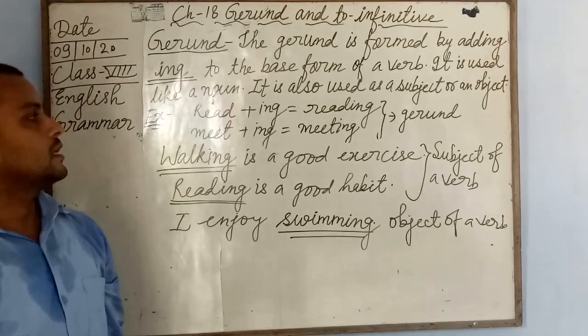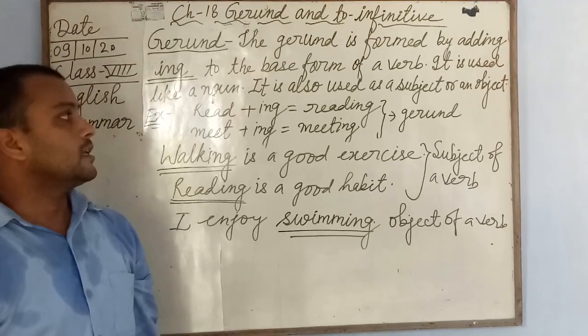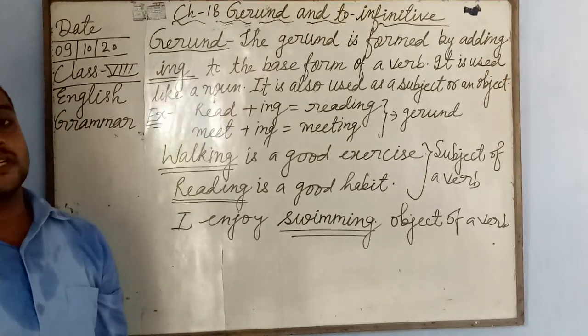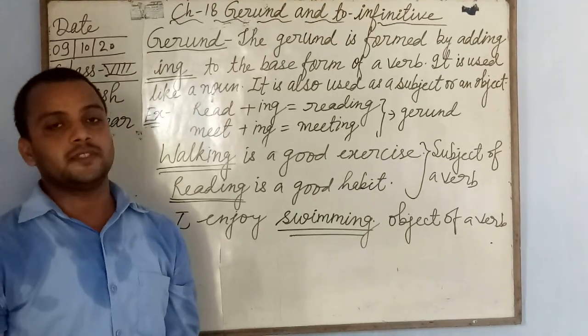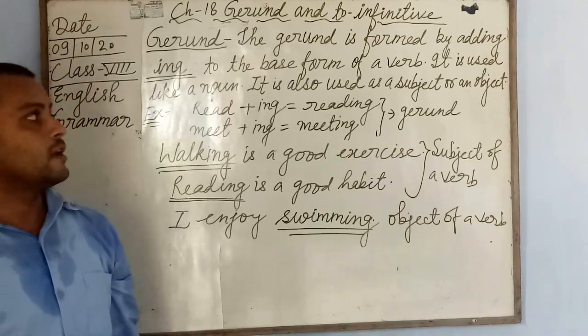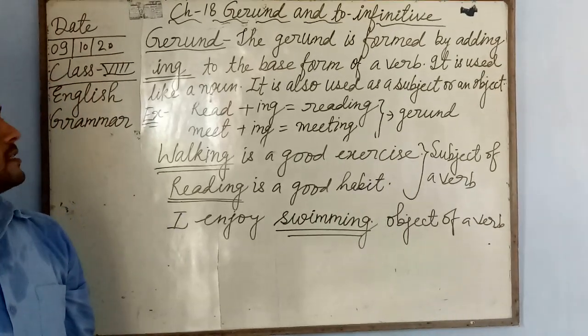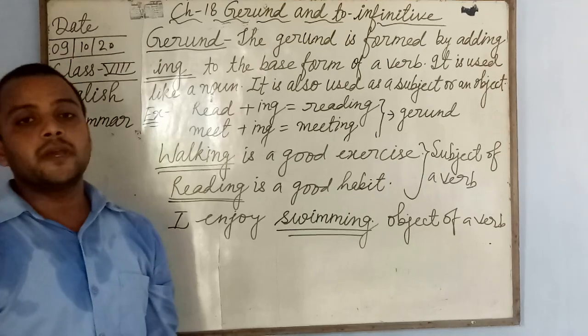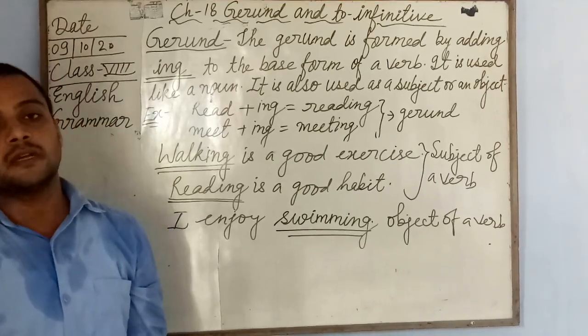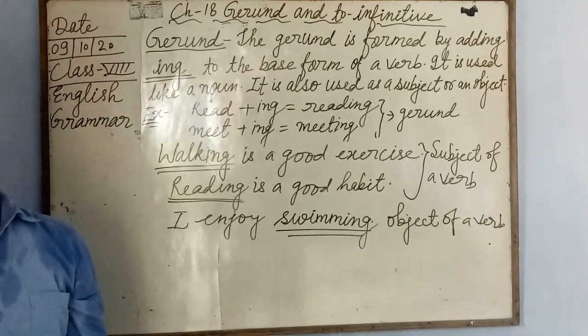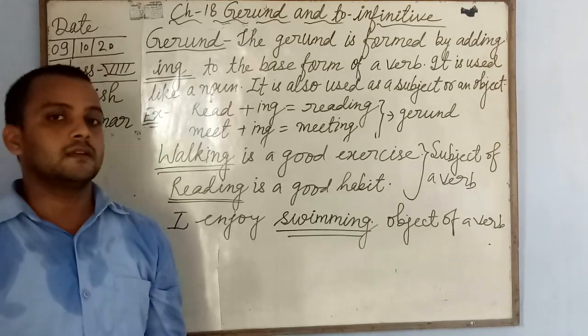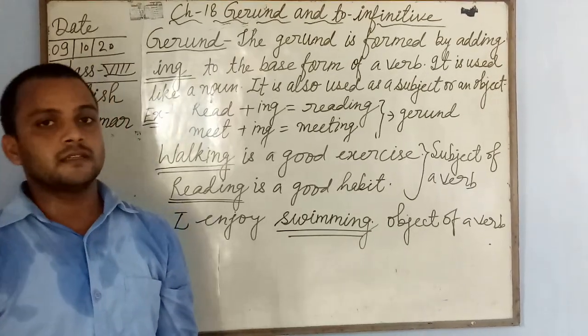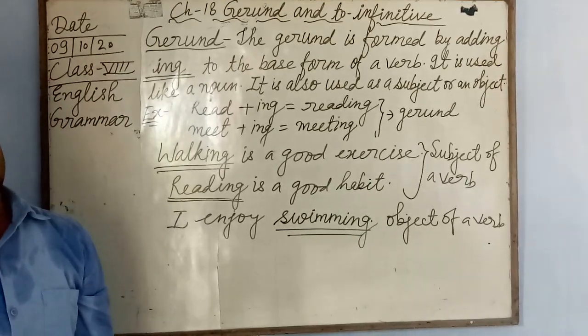It is used like a noun and it is also used as a subject or an object. Means when we add ing with the base form of the verb and it is used in place of subject or object, then it will be called gerund.